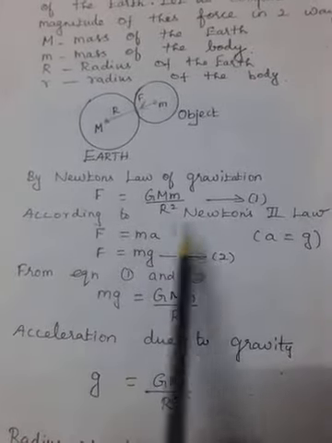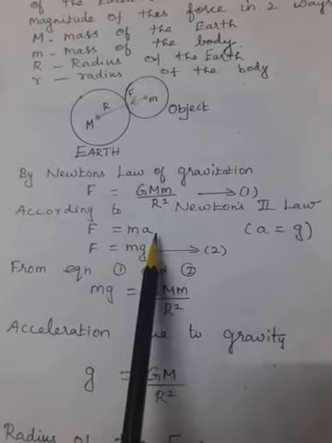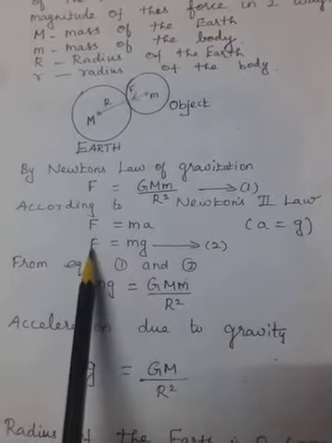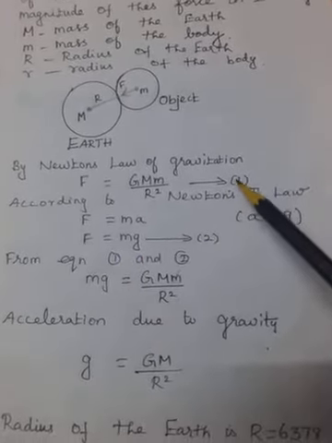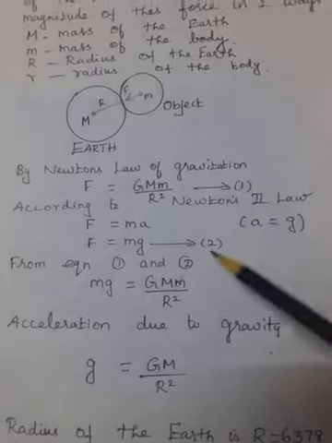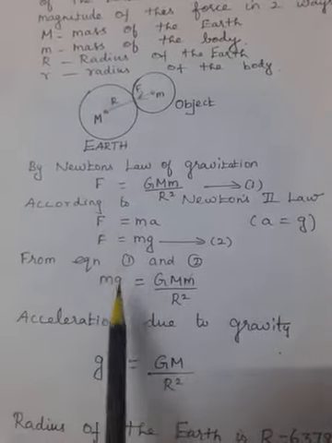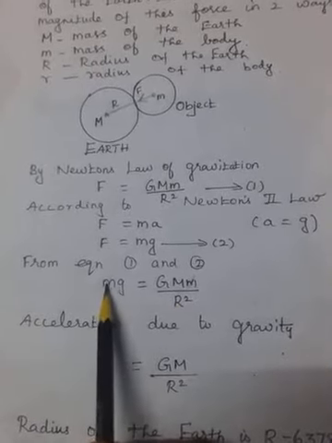According to Newton's second law, force F is equal to mass into acceleration. Here the acceleration is the acceleration due to gravity, so we write the equation F is equal to mg. From equation 1 and 2, substitute the value of F, that is mg is equal to G M m by R square. Cancel the term m on both sides.